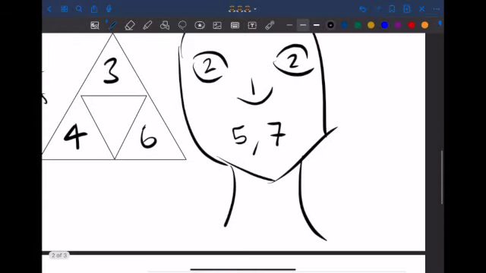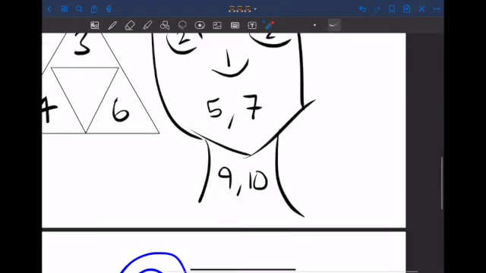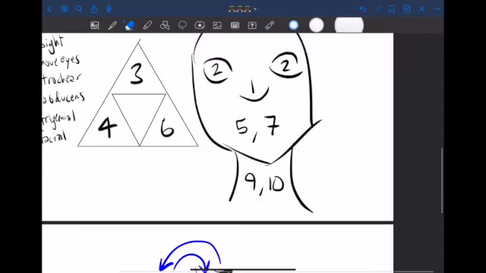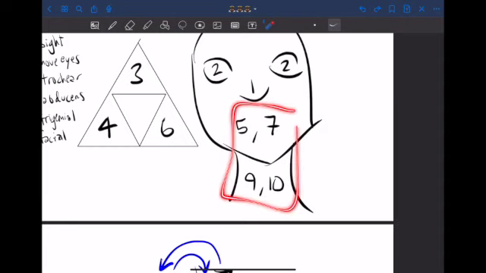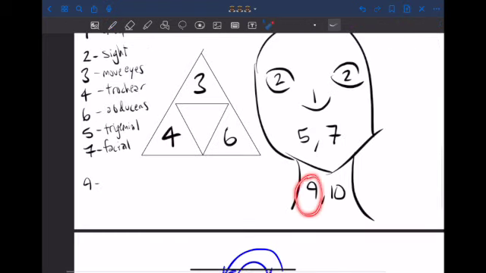The same is true for 9 and 10. They're a pair. They don't have the same relationship of doing the sensory that you would associate to the other one's motor, but they're a pair. So these are the 4. They're a pair because 9 is glossopharyngeal. Gloss means tongue.